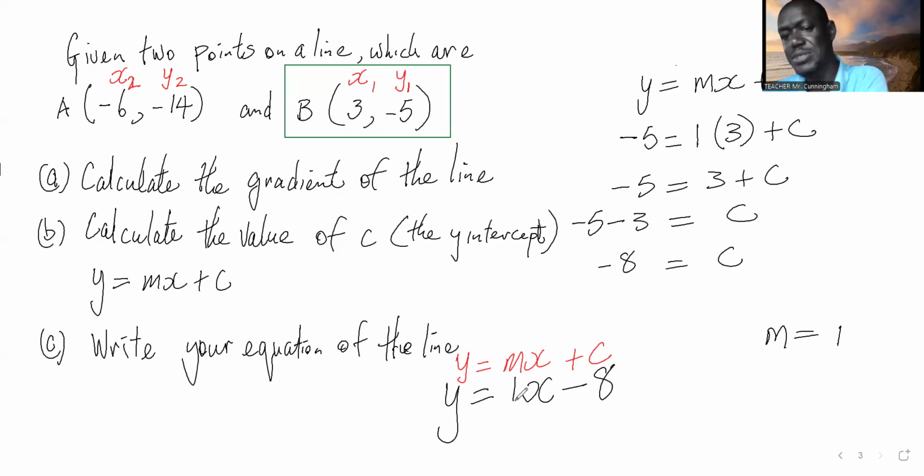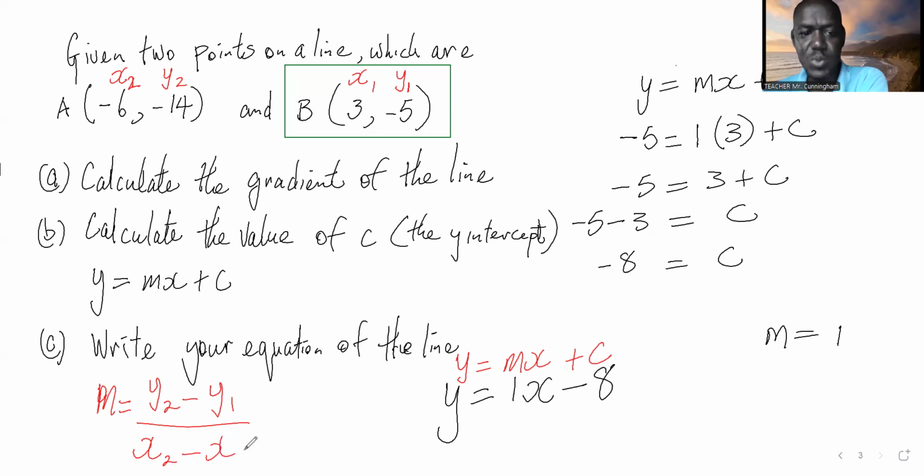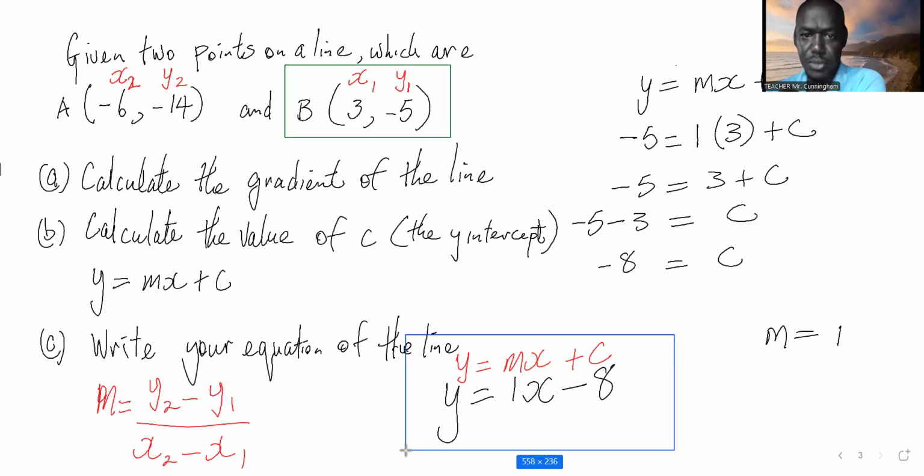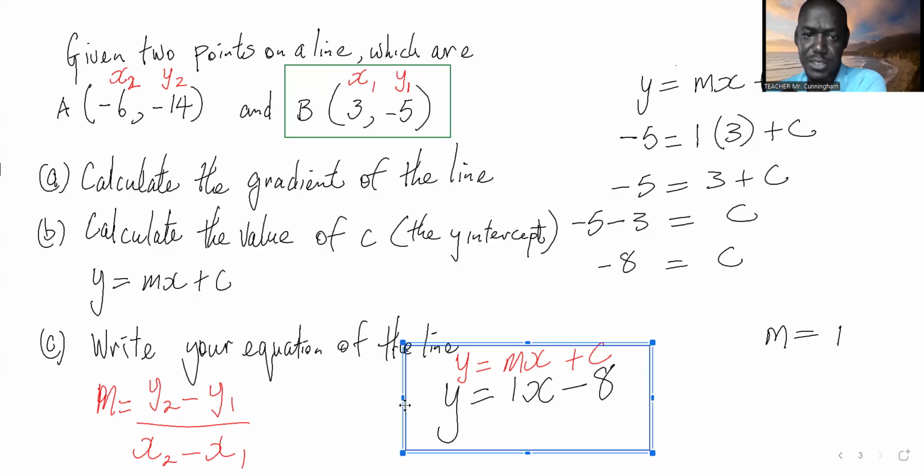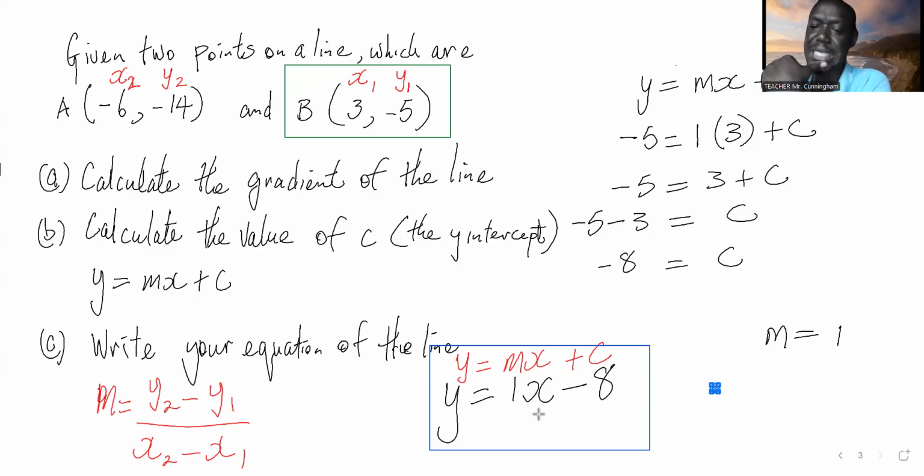M we calculated to be 1 using m equals y2 minus y1 divided by x2 minus x1. So this is our equation of the line: y equals 1x minus 8.